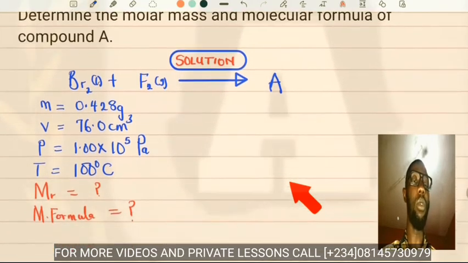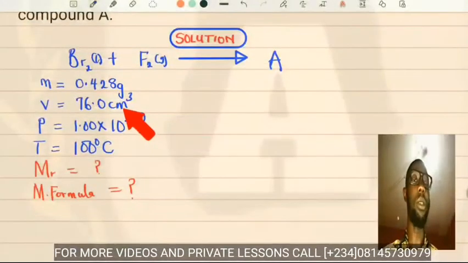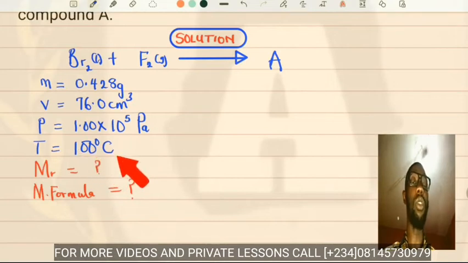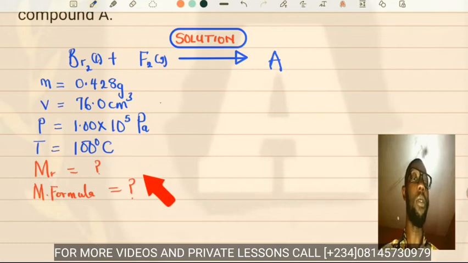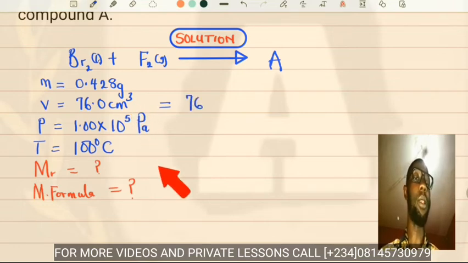So now, what do we do first? This volume we need to convert to meter cube, and at the same time the temperature we need to convert to Kelvin. So how do we convert the volume first? We convert this to meter cube, and that's going to be 76 multiplied by 10 raised to the power of -3.